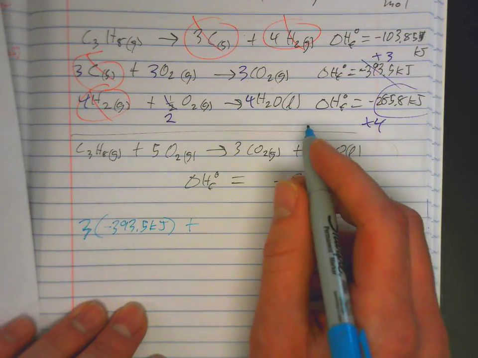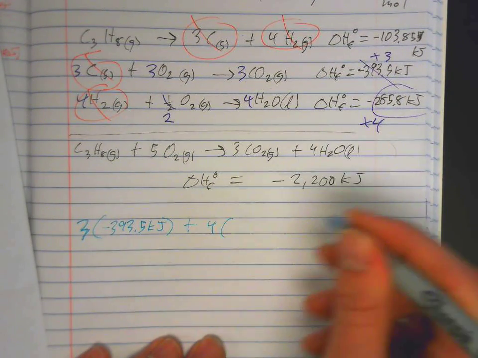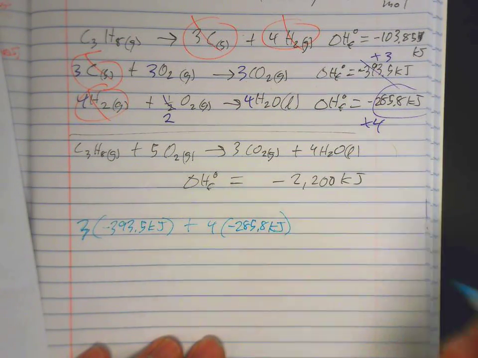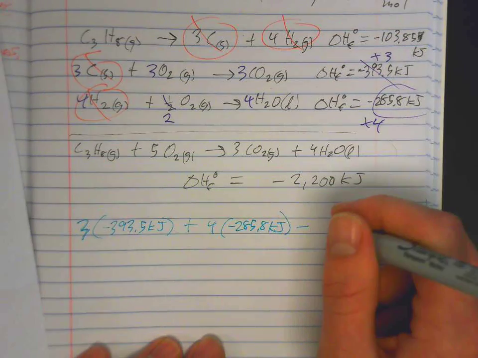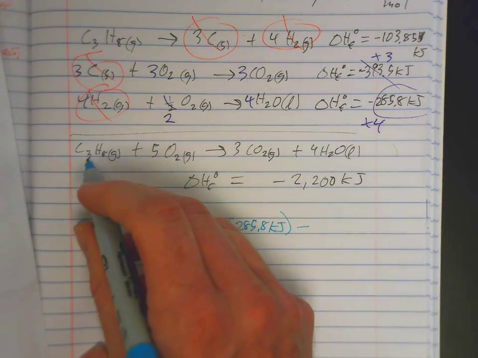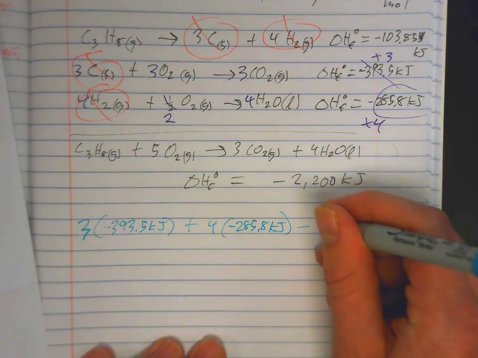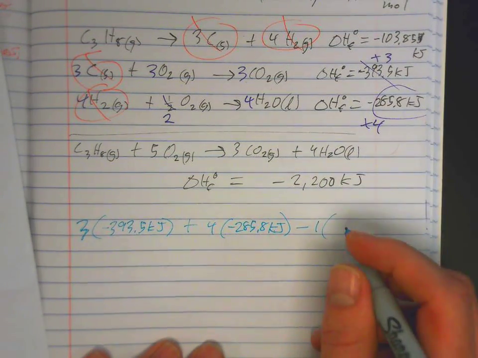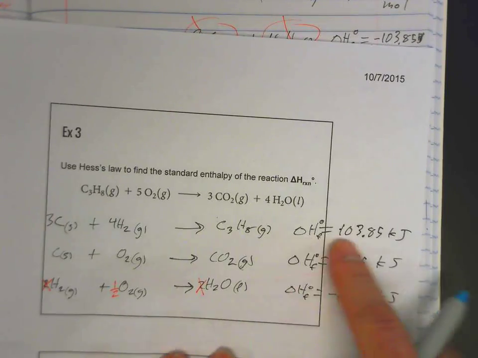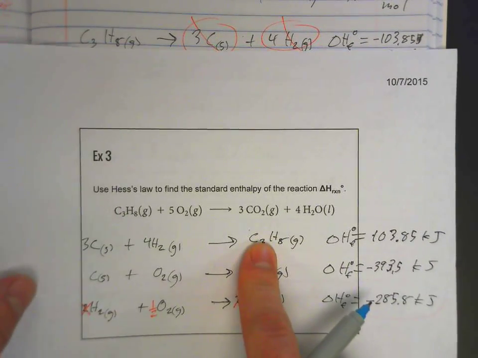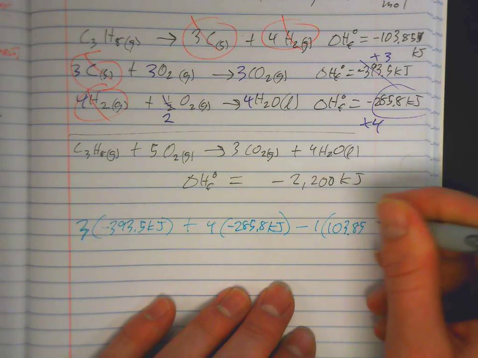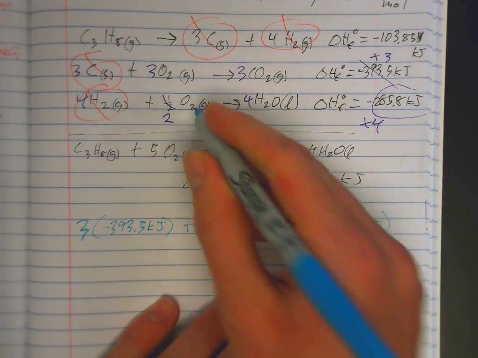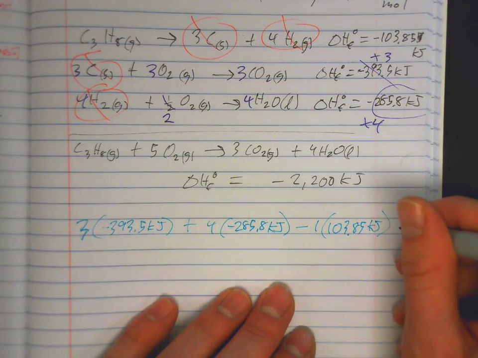The coefficient for water in this equation is 4, times negative 285.8 kilojoules. And then we subtract the coefficient for the enthalpy of formation of C3H8, so that would be 1 times its formation, which is up here. Now we're using the original value of the enthalpy of formation of that, negative 103.85 kilojoules. And then also the oxygen's enthalpy of formation is just 0, minus 0.